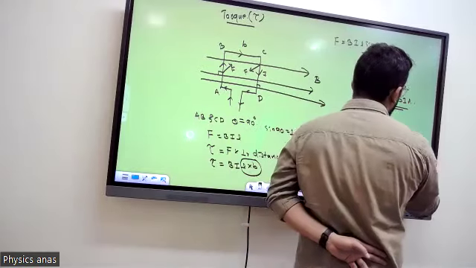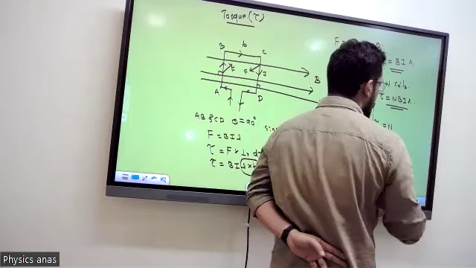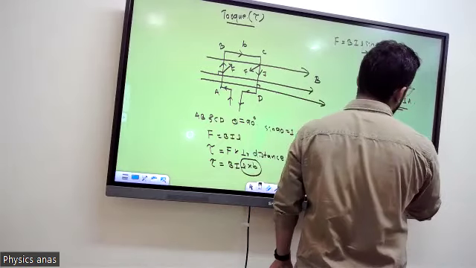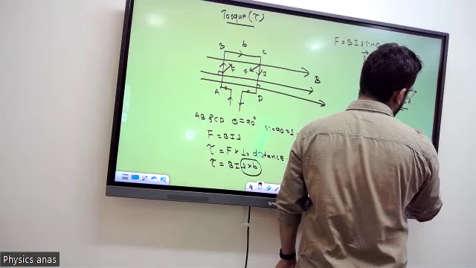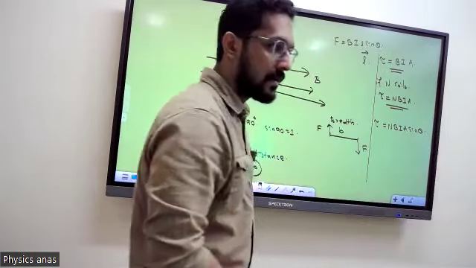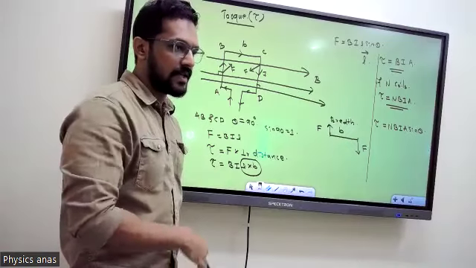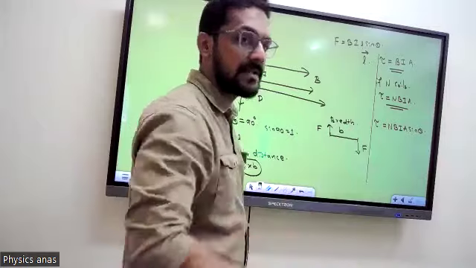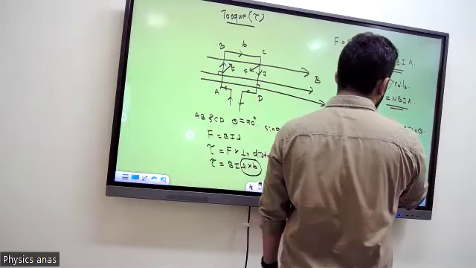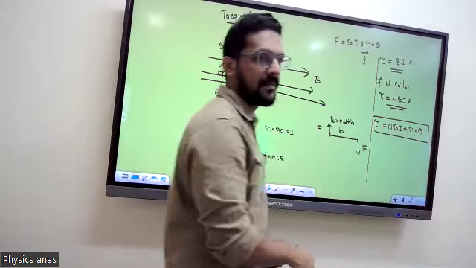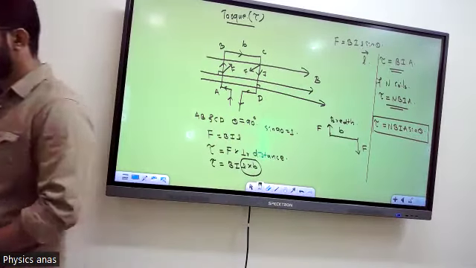If the value of theta is not 90, then the equation will be NBIA sin theta. There will be a sin theta also if the angle between them is not 90 degrees. So torque tau is equal to NBIA sin theta.